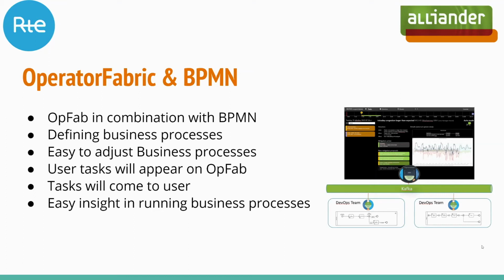On the picture on the right, it's fairly small, but I think some of the Alliander guys have seen it already. Basically, what we did is we have a business process, and if there's a user task within this business process, which is still the case nowadays, because of course we want to automate everything but we still have business user tasks to fulfill, it will automatically pop up on OperatorFabric.